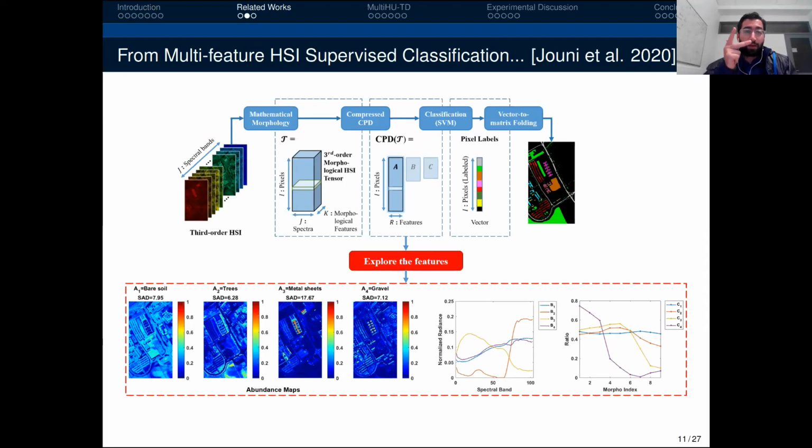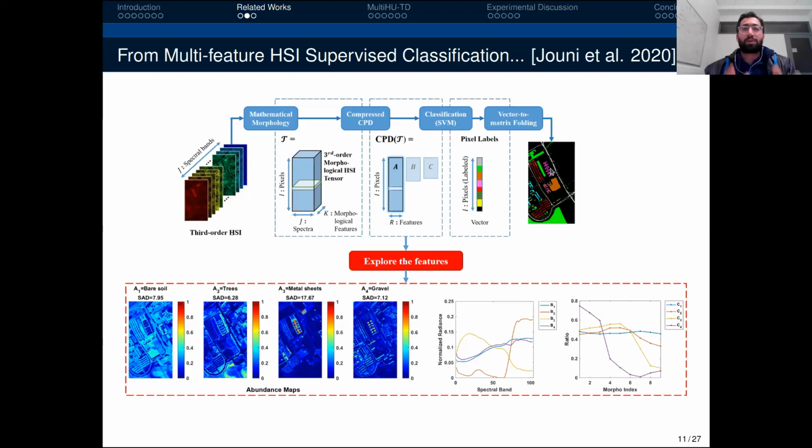So we have three modalities of features. We decompose it, we compress it with CPD into a low rank representation with just 10 to 20 columns. And then we classify it using any classifier.